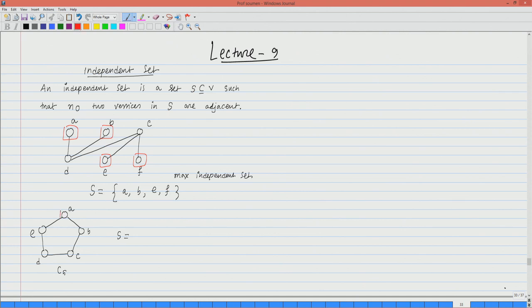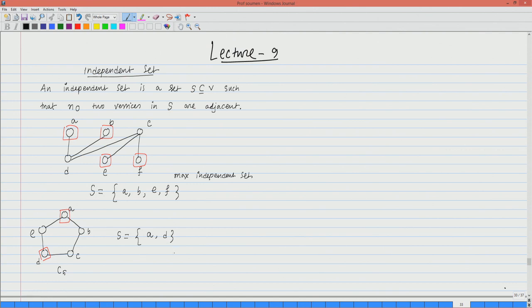I can take A, and then I can't take B and E because they are adjacent to A. So, I can pick either D or C. If I pick D, then my independent set consists of 2 vertices, and this is the maximum independent set. You can verify that you can't increase this size, you can't include any other vertex in this independent set.